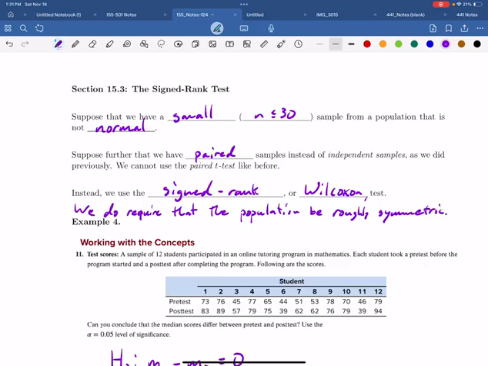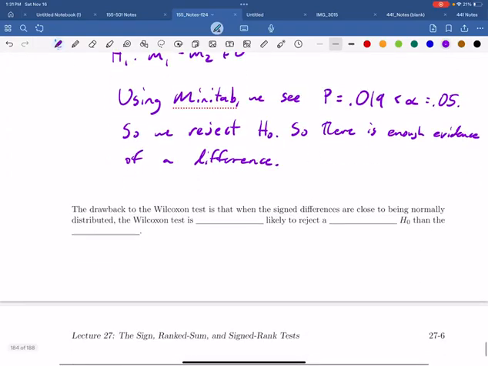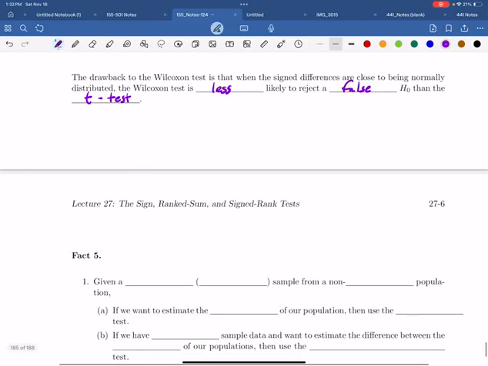It doesn't need to be normal, it could be bimodal, but it needs to be roughly symmetric. So that's drawback number 1. Drawback number 2: when the sign differences are close to being normally distributed, the Wilcoxon test is less likely to reject a false null hypothesis than the t-test. So that's just one thing to watch out for.